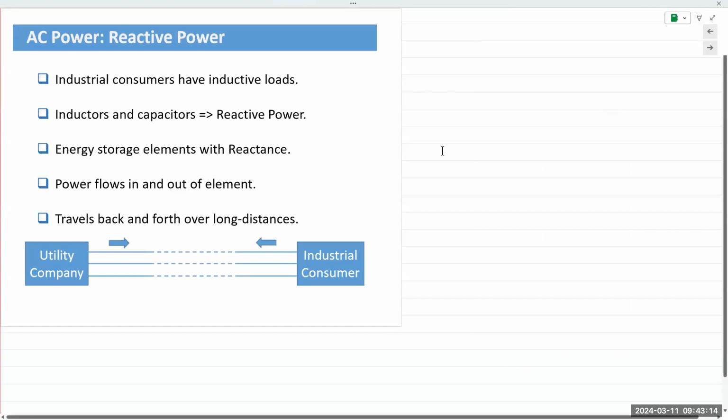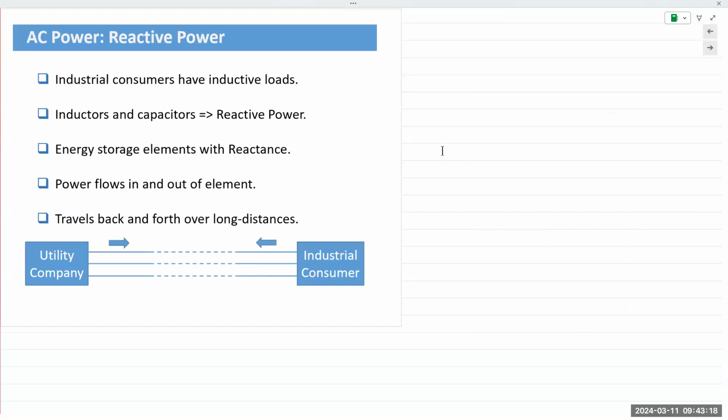Now, the reason it is important is because industrial customers have inductive loads. You have big electric machines running constantly, sometimes 24/7 in a factory or a workshop, and these are huge loads. The biggest load in a residential environment is basically an electrical appliance, like a washing machine or an electric or gas dryer. Those are the two big appliances.